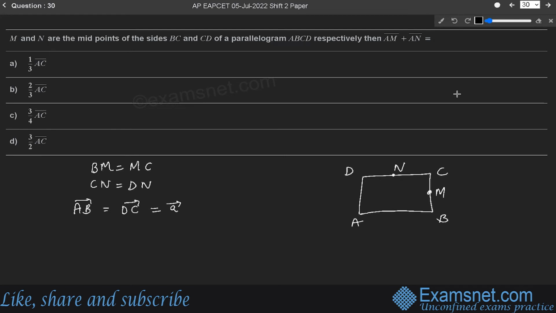And similarly, AD vector will be equal to BC vector, which will be equal to B vector. Also, AM vector will be equal to AB vector plus BM vector, and AN vector will be equal to AD vector plus DN vector.